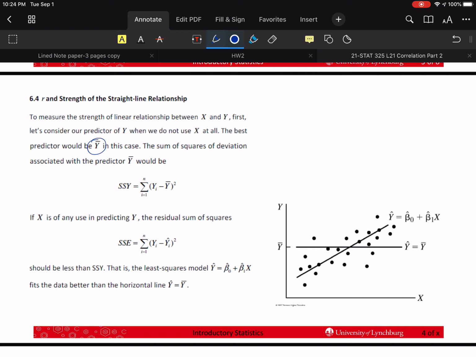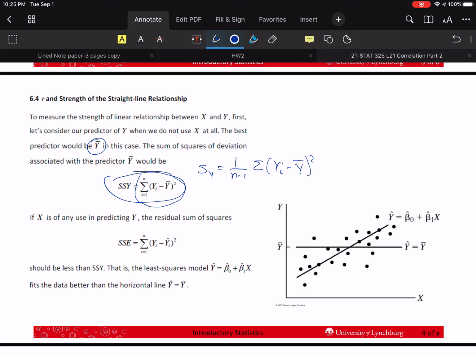The sum of squares of deviation associated with this is what we see in our standard deviation, right? Our standard deviation of y is 1 over n minus 1 sum of yi minus y bar squared. So we're seeing that portion here. And so that's the sum of squares of y, SSY.